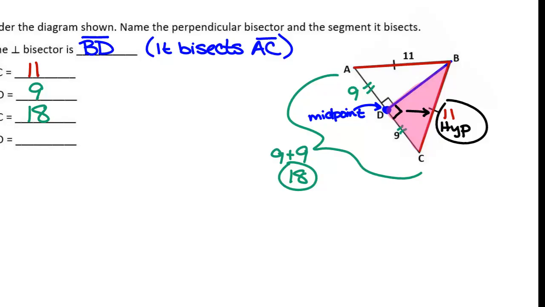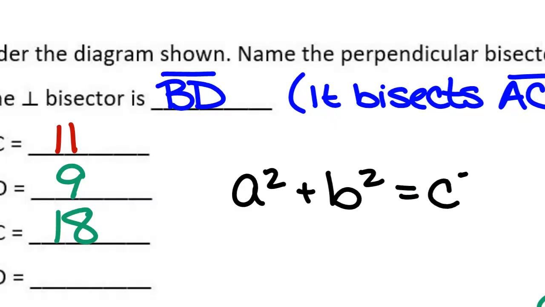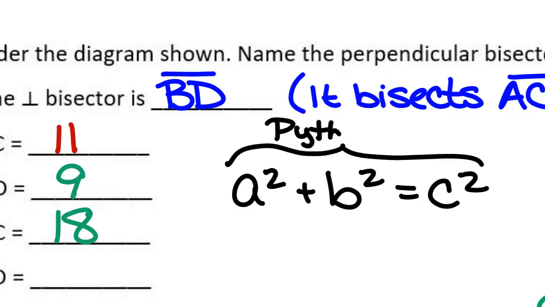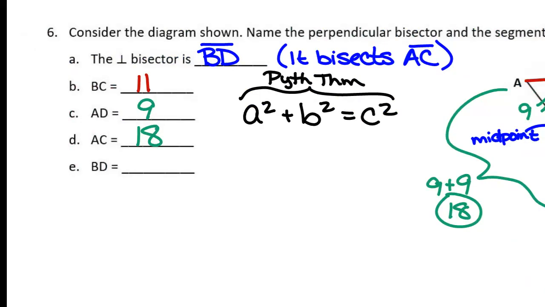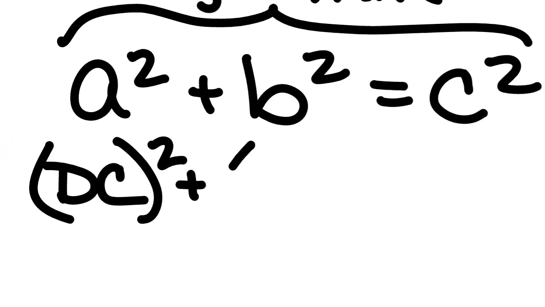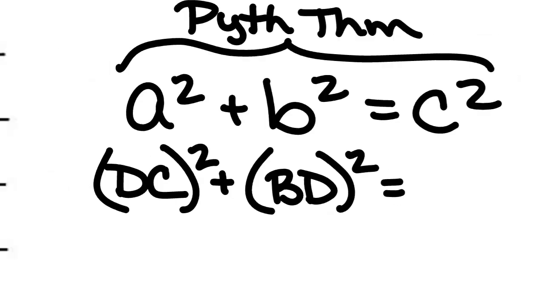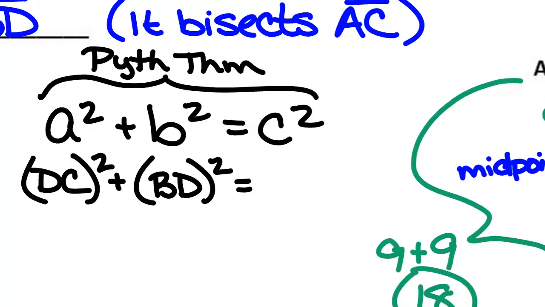So that means that if I do A squared plus B squared equals C squared, this is my Pythagorean theorem. The two sides that are not the hypotenuse are DC, so DC squared, and BD, so BD squared, equals my hypotenuse. What's the hypotenuse again? BC, so BC squared.